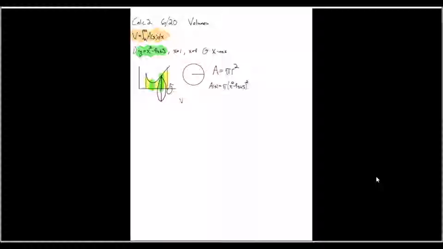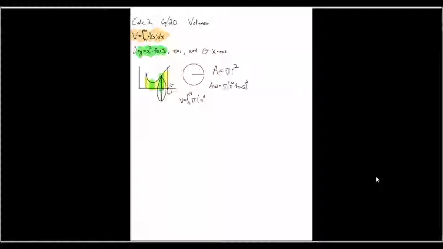So my volume is, now because we're looking at x equals 1 and x equals 4 as our bounds, of course, those are the bounds on our integral, right? Because we're going in the x direction. So I've got this pi here. And now I'm going to just FOIL this out.